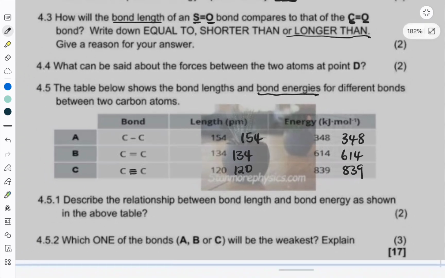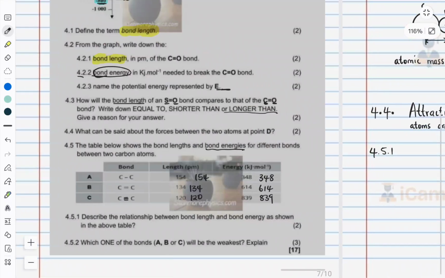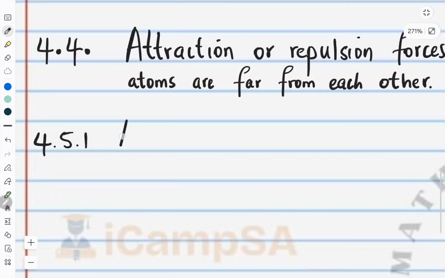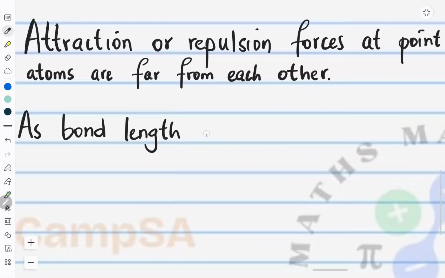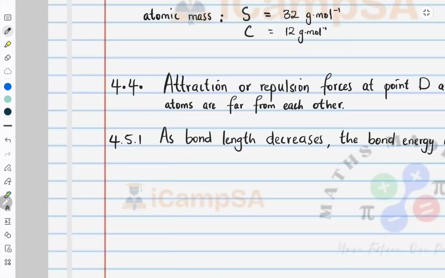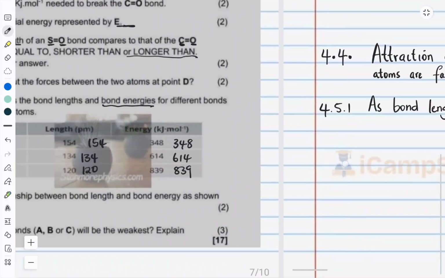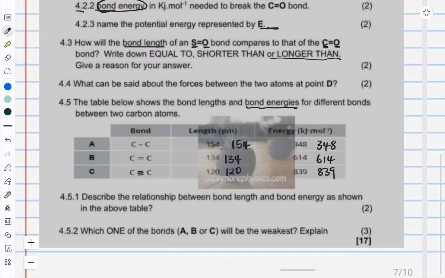Or the other way around, the longer the bond length, the lower the bond energy. So this is a fairly straightforward example.